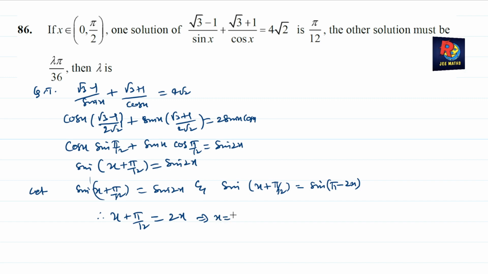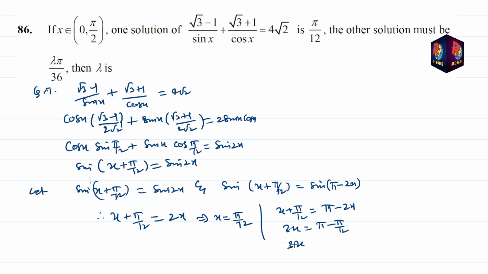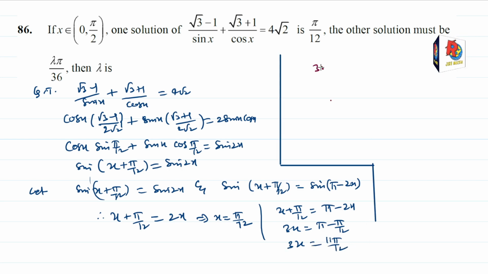Therefore, x equals to pi by 12, one solution. And x plus pi by 12 equals to pi minus 2x. So if you interchange this, 3x equals to pi minus pi by 12. So 3x equals to 11 pi by 12. X equals to 11 pi by 36.